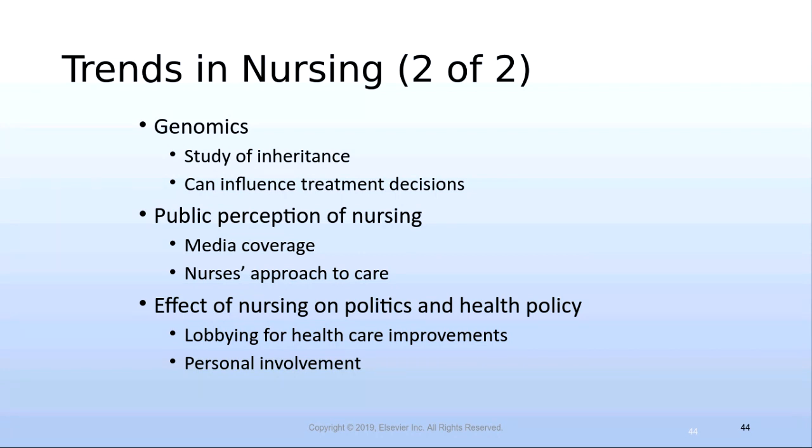Nurses as a group are increasingly politically active. Professional nursing organizations at both the national and state level employ lobbyists to urge state legislators and the U.S. Congress to improve the quality of health care. We can influence policy changes at all governmental levels. One way is to get involved by participating in local and national efforts.